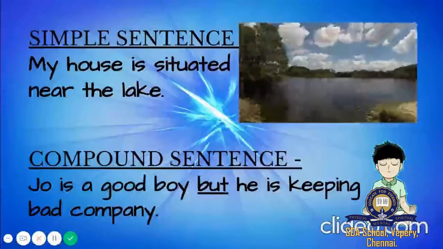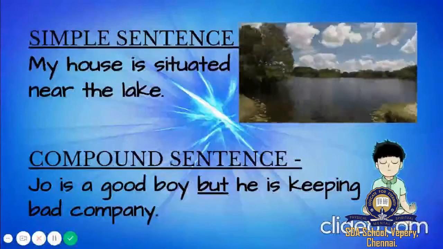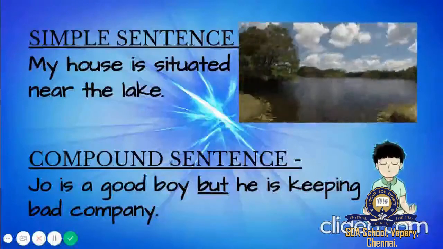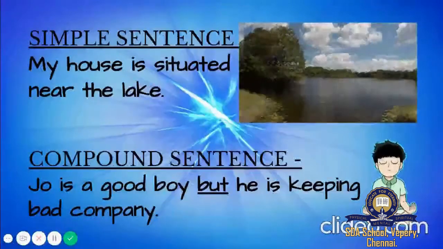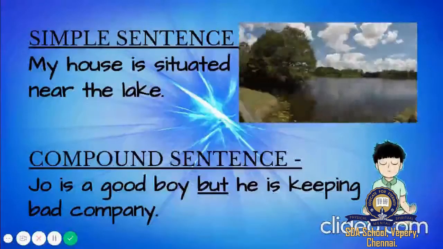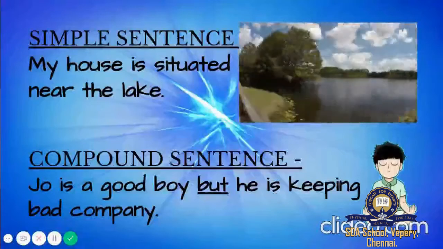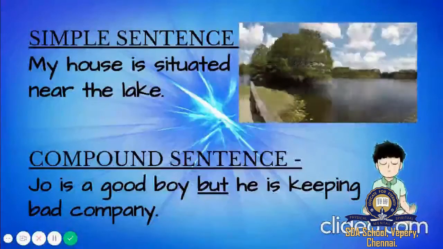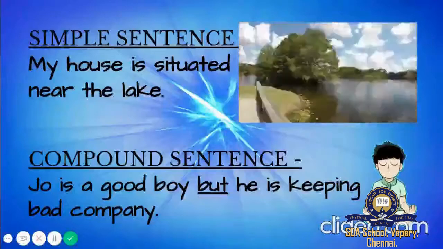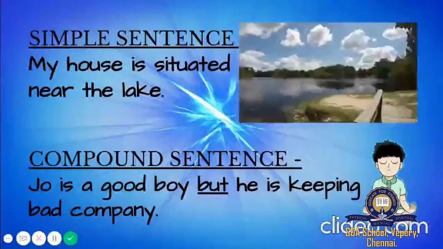This sentence has a subject and a predicate. I'm sure you all know how to find the subject and the predicate out of a sentence. Yeah, my house is the subject and situated near the lake is the predicate. Since it has only one main clause, it is a simple sentence.